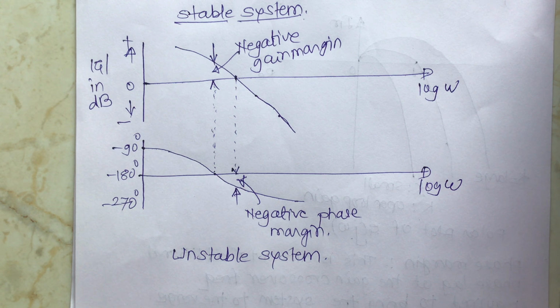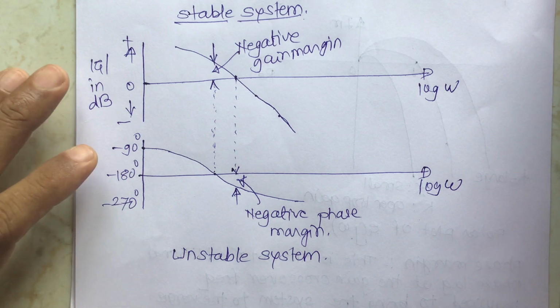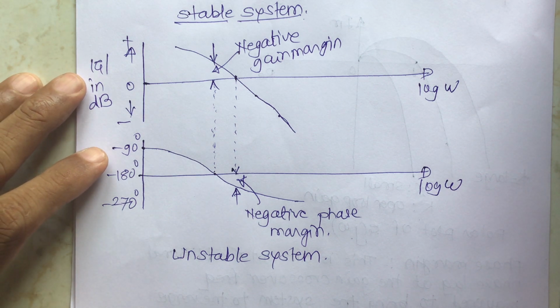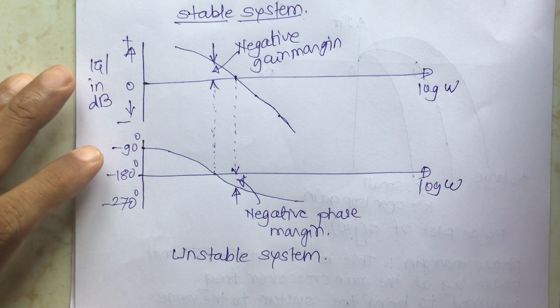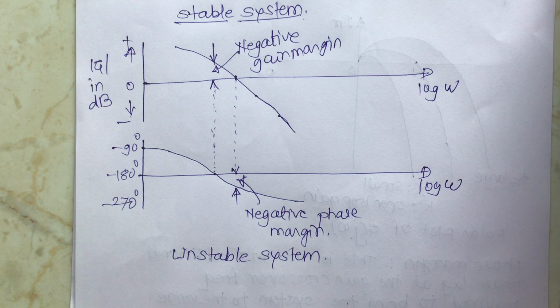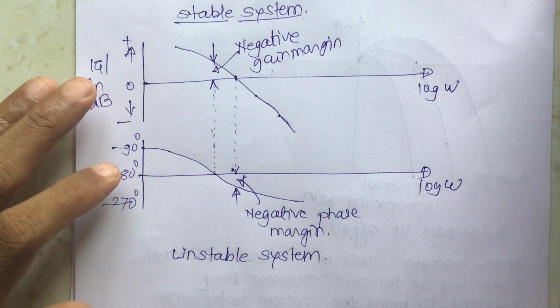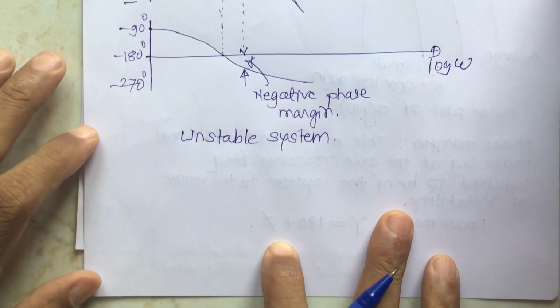When we have such a type of plot, we can conclude prima facie whether your system is stable or unstable. So in the polar plot, the line is drawn from the origin to the point at which the unit circle crosses, and from that we can calculate whether your system is stable or unstable.